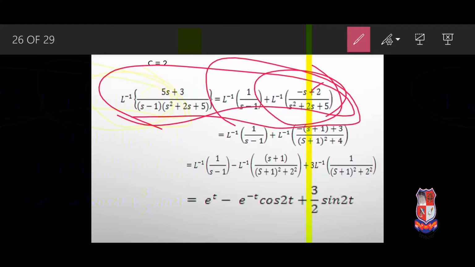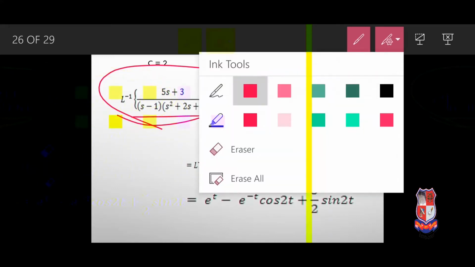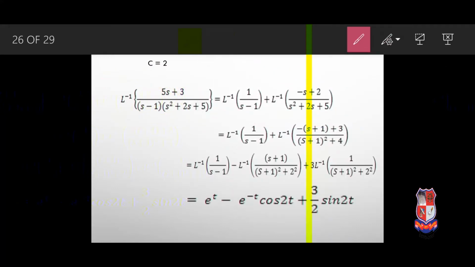First we separate the terms. We divide 2 into minus 1 plus 3, and s square plus 2s plus 5 is s square plus 2s plus 4 plus 1.